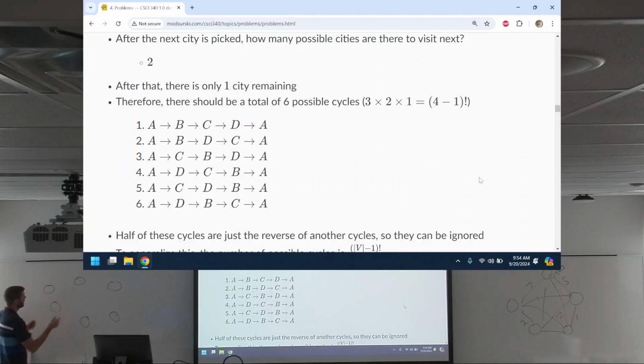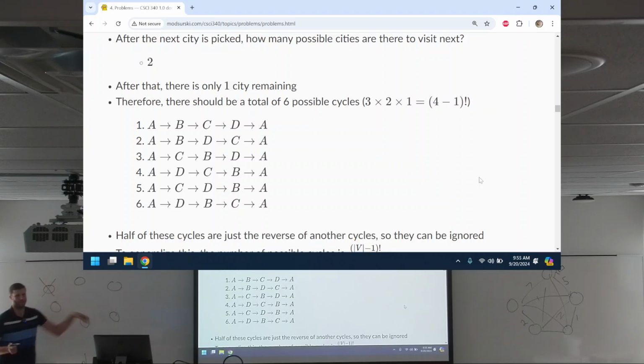Now here, assume these are all connected. I have 1, 2, 3, 4, 5, 6 cities. How many possible orderings of these cities can I do? Well, the first one's fixed, meaning I have 5 cities I could go to. So how many cities could I go to? 5, right? Now let's say I pick an arbitrary one that's a stand-in for one of the 5.